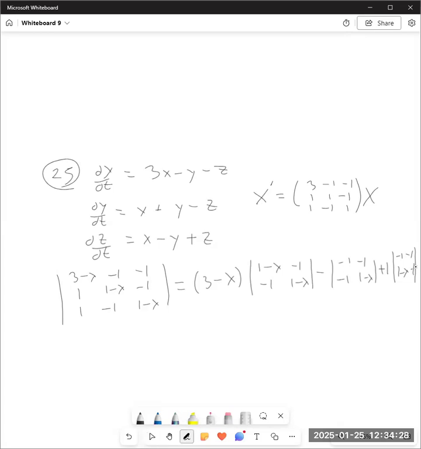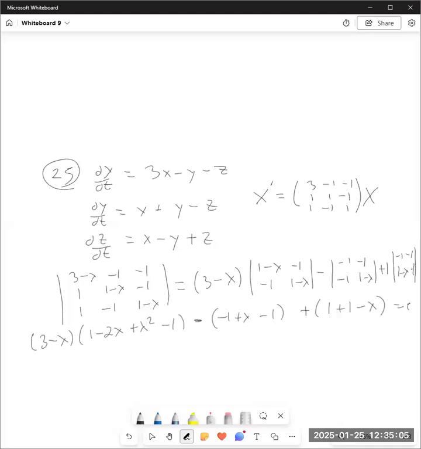So this is 3 minus lambda times, and then this is 1 minus 2 lambda plus lambda squared, minus 1, minus, and then this is negative 1 plus lambda, minus 1, and then this is plus, and then this is 1 minus a negative 1 minus lambda, so that's plus 1 minus lambda.